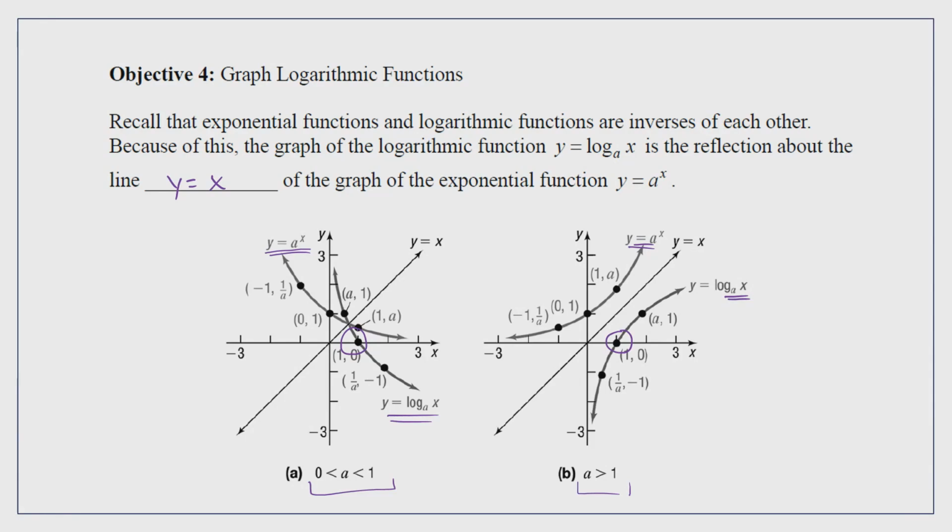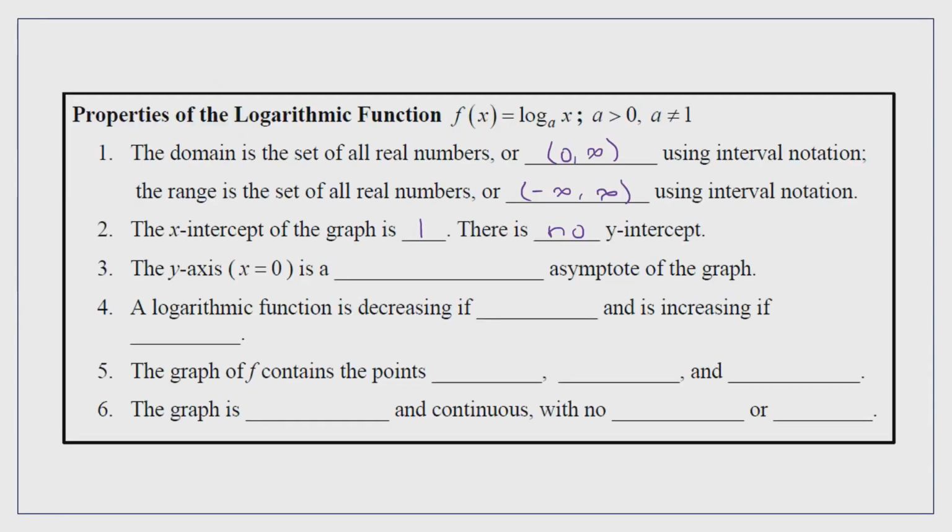So note, both log functions do not cross the y-axis. So the y-axis, x equals 0, is a vertical asymptote of the graph. A logarithmic function is decreasing if a is between 0 and 1, and is increasing if a is greater than 1.